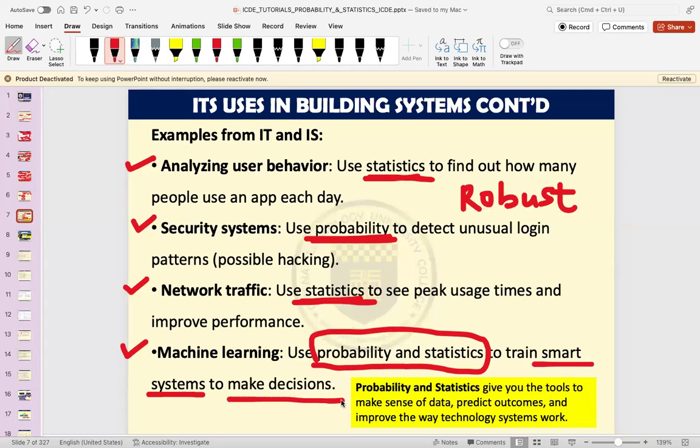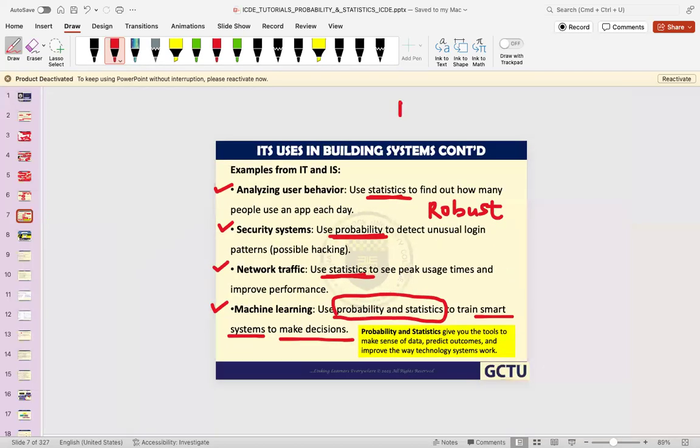I don't know whether you've done this course, but there's a course you do called discrete mathematics. I don't know whether you've done it or you do it or you are currently doing it. This will show you the basics of all the smart decisions that computing systems make.